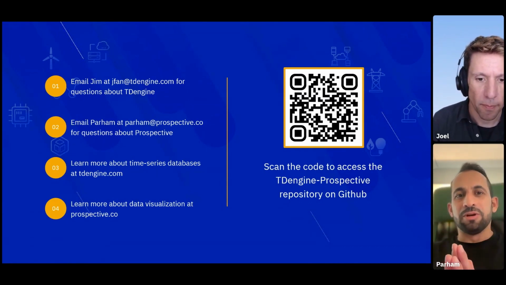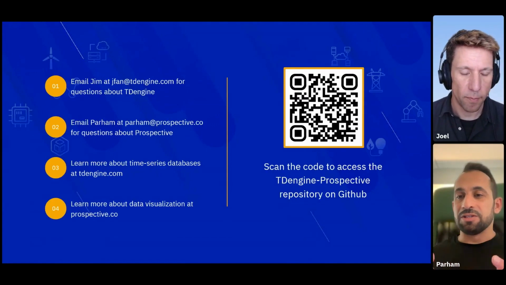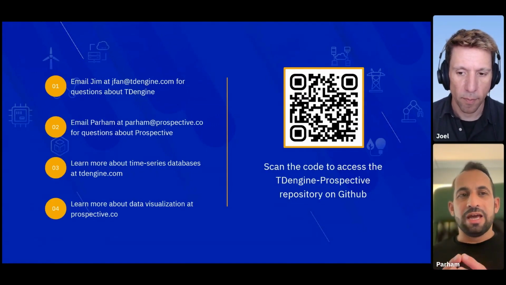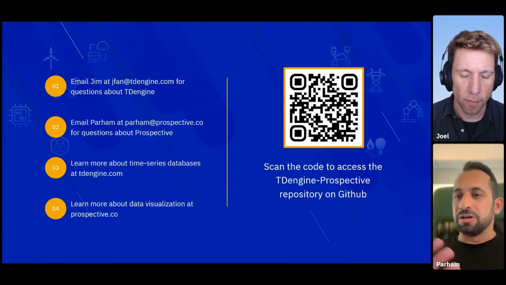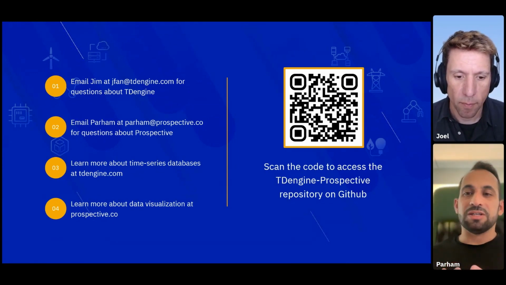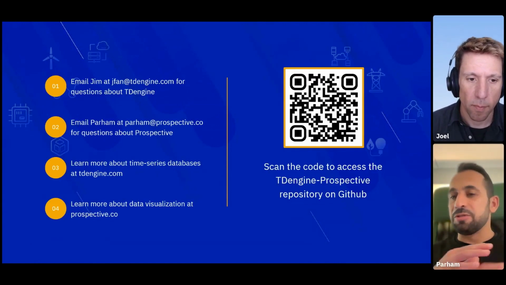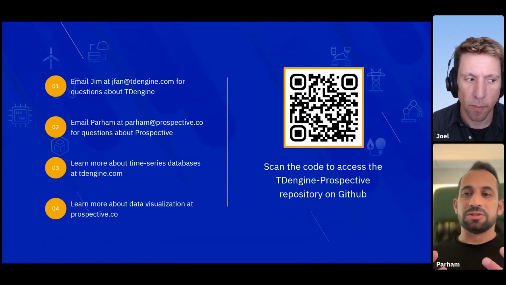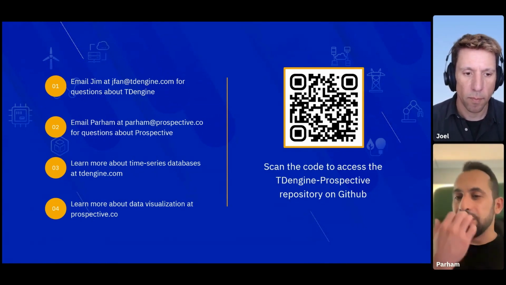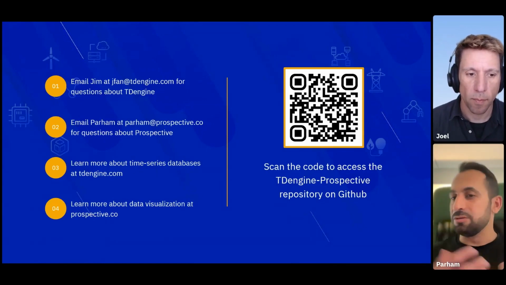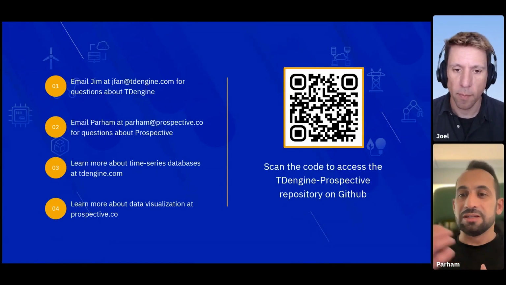I think it's very important to notice that there's an integration with Perspective. If you go to perspective.co, all of our commercial users have access to the TDengine adapter. So that's pretty much with no code. Users can use the built-in data adapter to connect to TDengine Cloud or a local TDengine instance and start pulling the data.